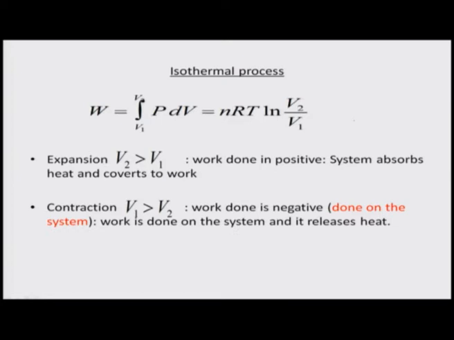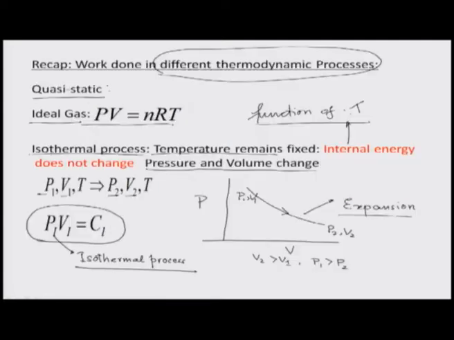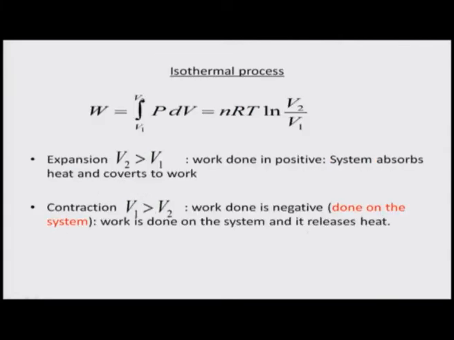The work done is the integral of PdV, which, if you go back to the previous slide, is the area under this curve, as I said in the very beginning of this set. This work done can be easily calculated, and it is nRT log V2 by V1.